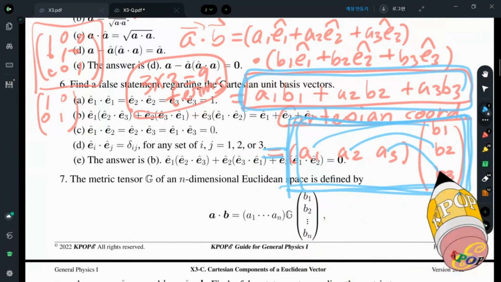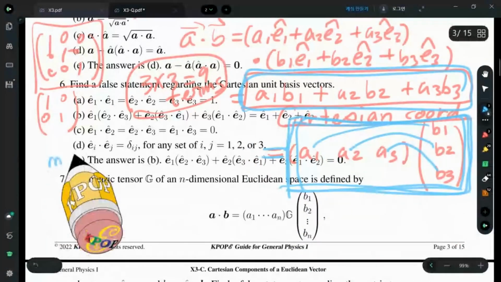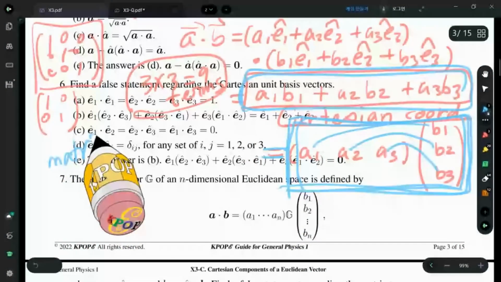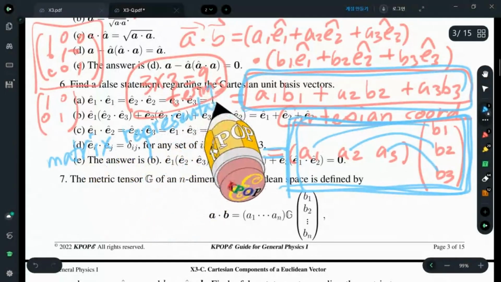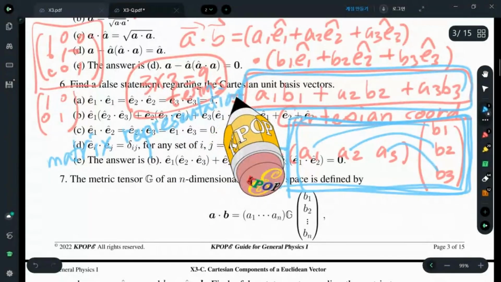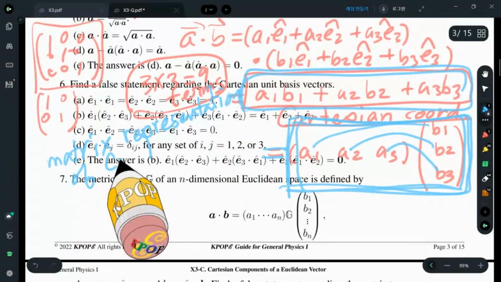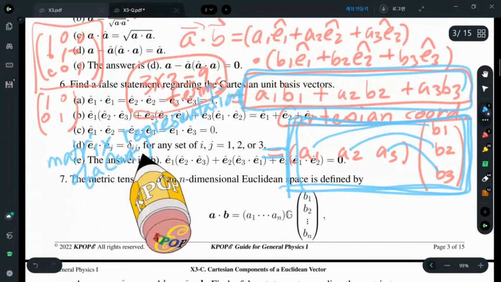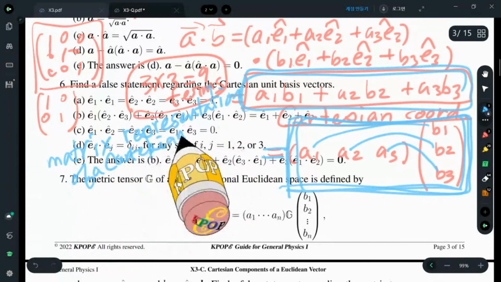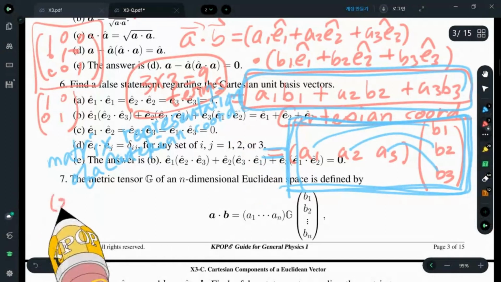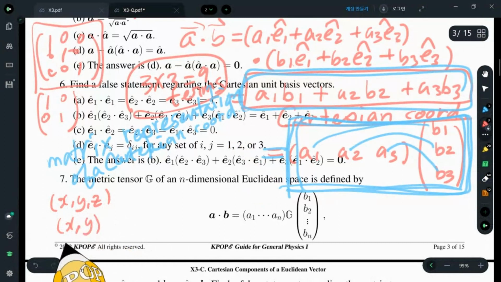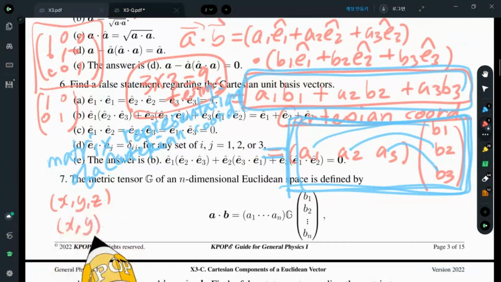We say this is the matrix representation of a Cartesian coordinate. In high school you learned x, y, z, or x, y in middle school. You just write these Cartesian coordinates.